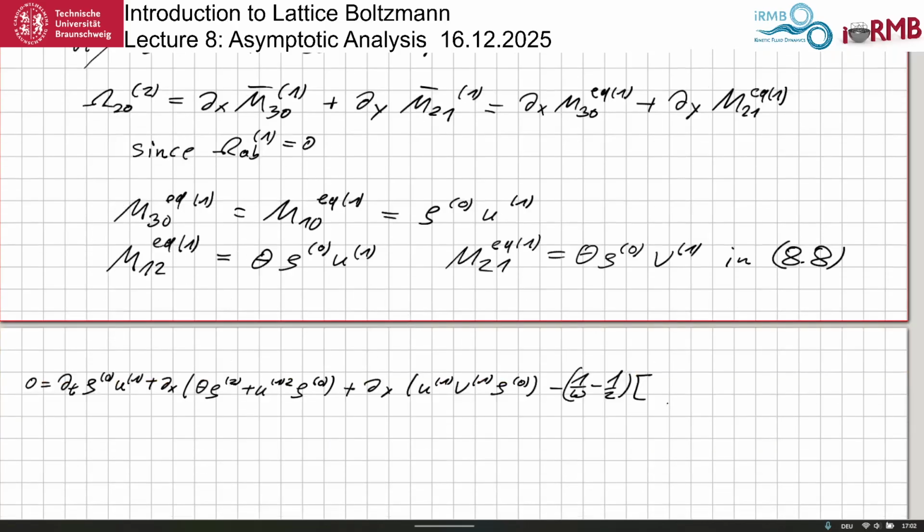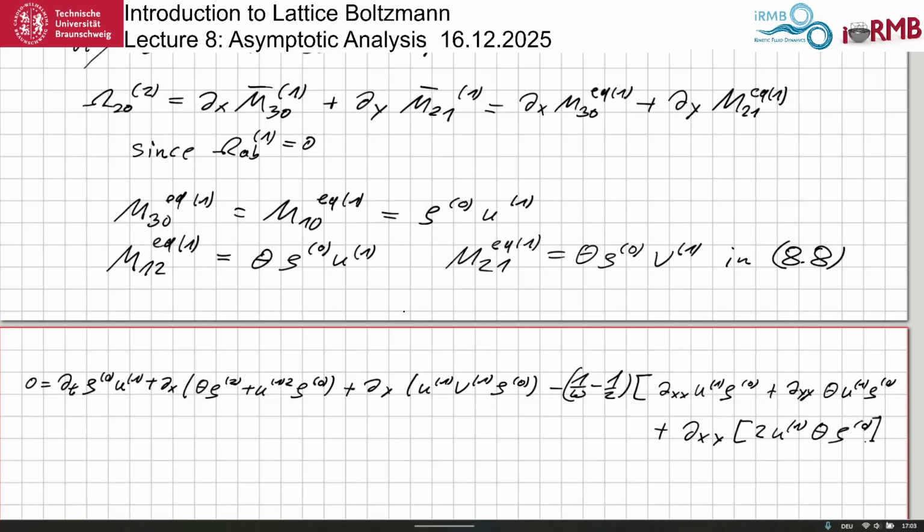So I already pulled this together to dxx u first order rho 0 order plus dyy theta u first order rho 0 order, and I've taken the liberty of taking this mixed term out and see that this is 2u1 theta rho to 0 order, closing these brackets, and I am kind of missing minus omega 1 0 to third order.